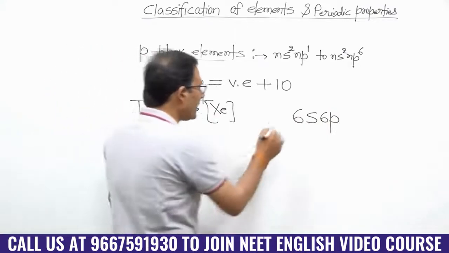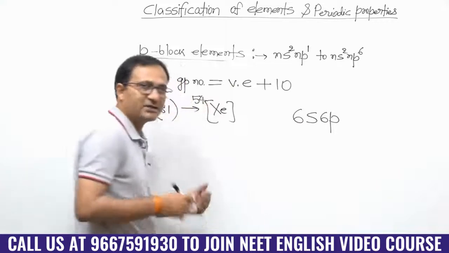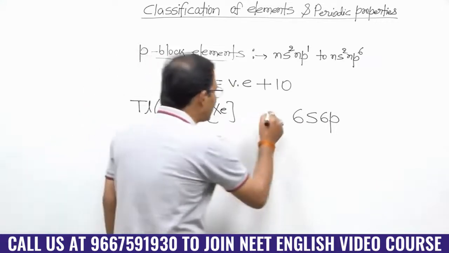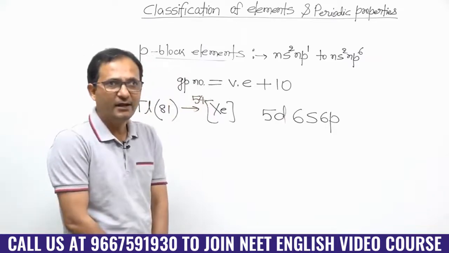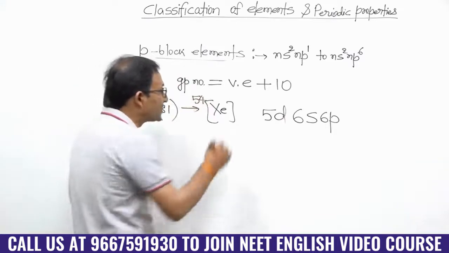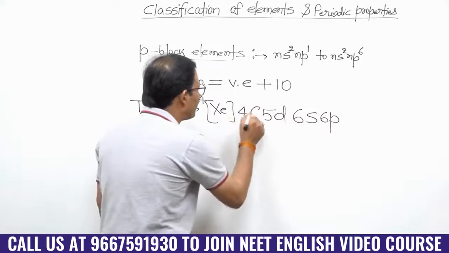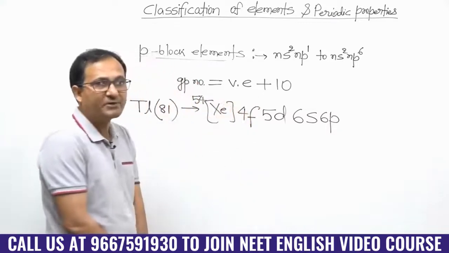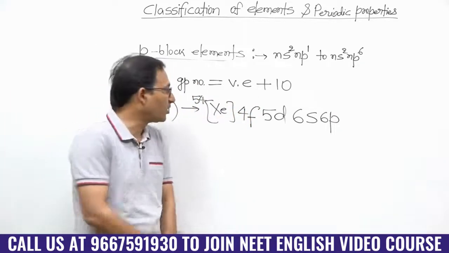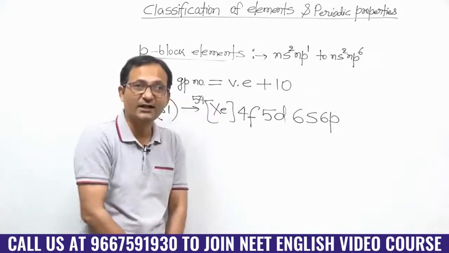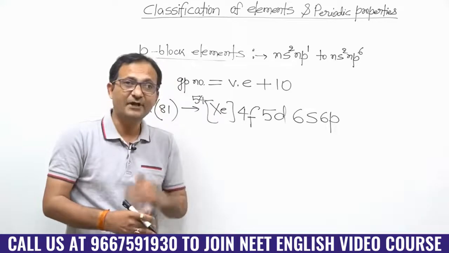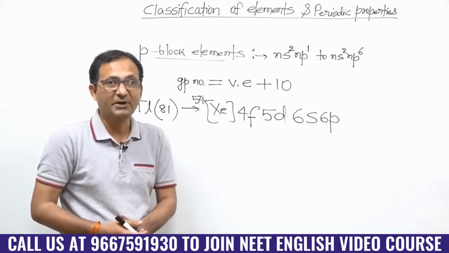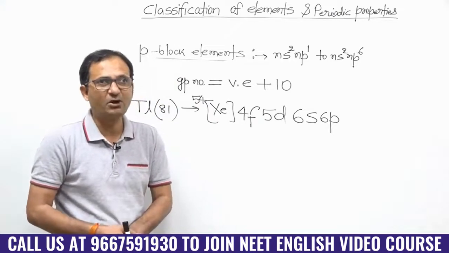Now outermost shell is 6, so the penultimate shell will be 5, in which d subshell may get electrons, and antepenultimate shell will be 4, in which f subshell may get electron. Before 4th shell there will be the 3rd shell, and after f, g subshell comes, but as you know 3g is not possible.